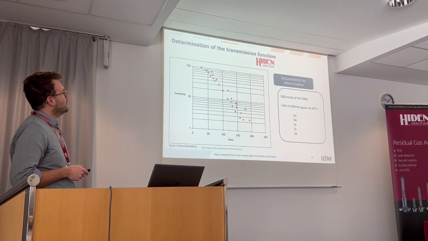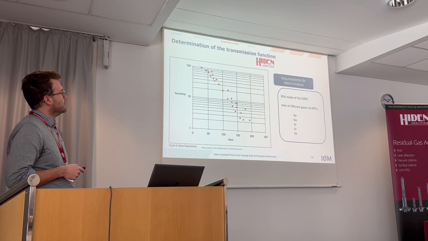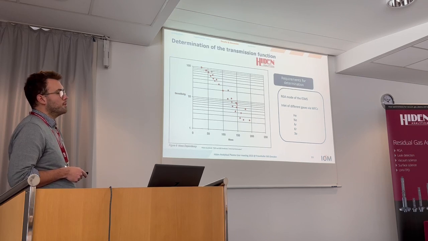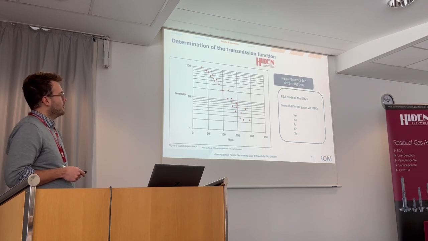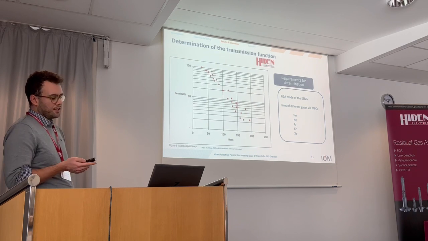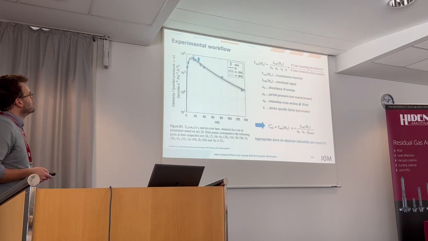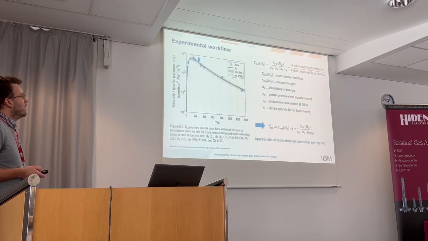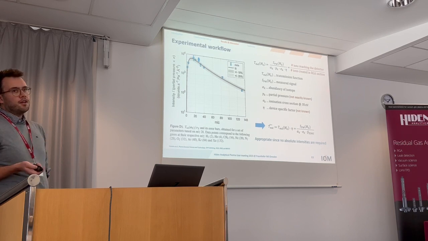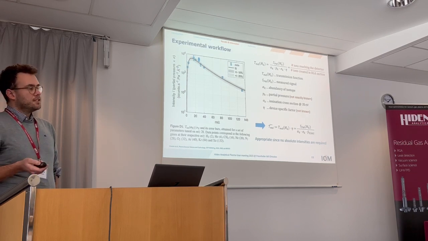And therefore we need the RGA mode of our ESMS, and we insert different process gases, in that case all the noble gases we found at our institute, into our chamber and ionize them. The experimental workflow is mainly similar to that presented by other authors.